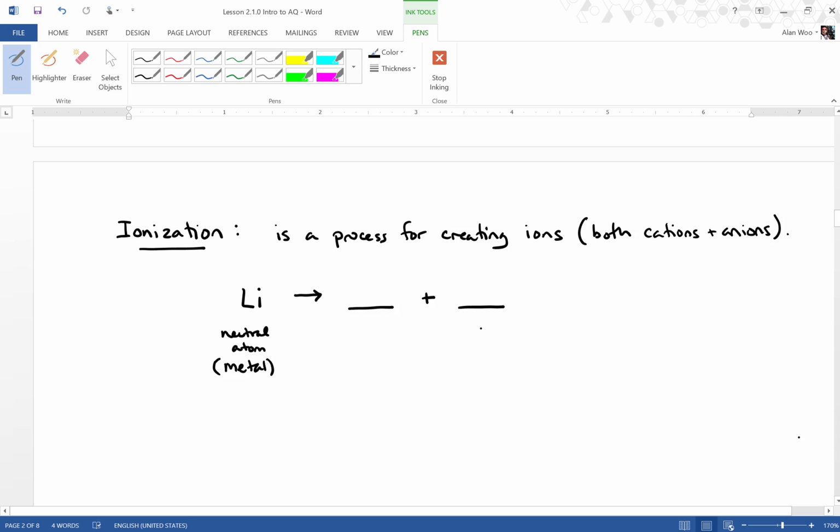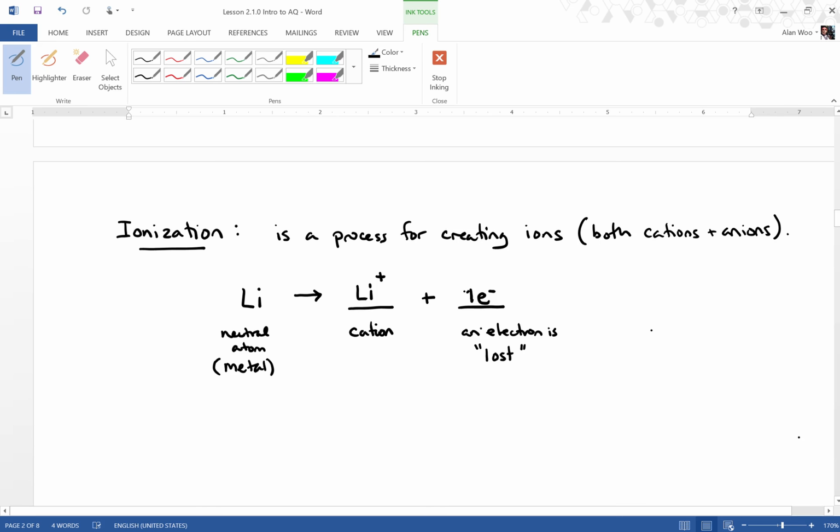Once it loses an electron, we expect it to have a plus charge, and that one electron that it lost is now separated from the ion. So we have a cation being created, and we have an electron that is quote-unquote lost. So electron is lost. This is typical for forming cations.